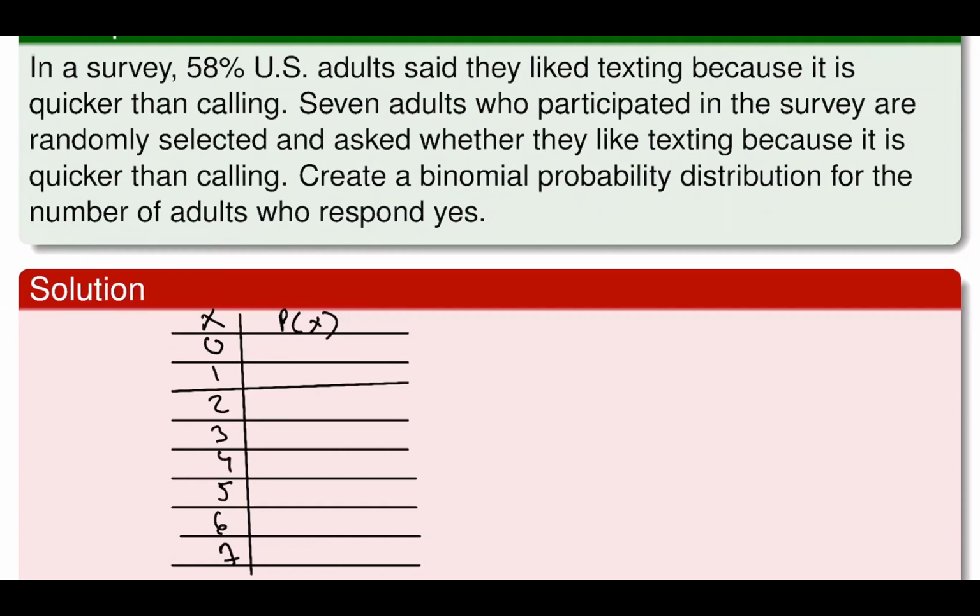I got 0.0023. Cool. All right, what about when x is equal to 1? What do we get? I got 0.2228.